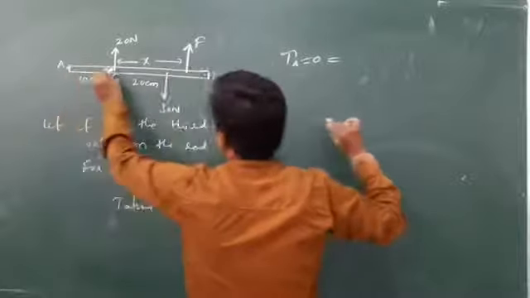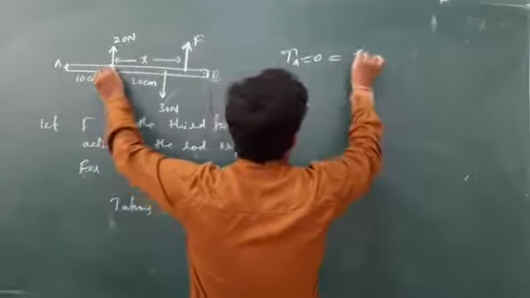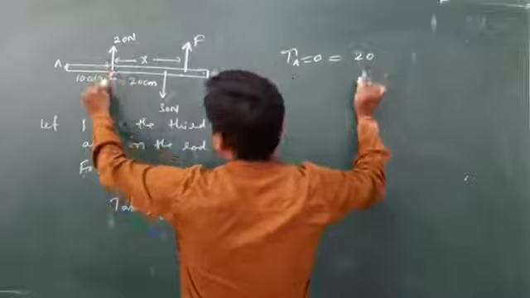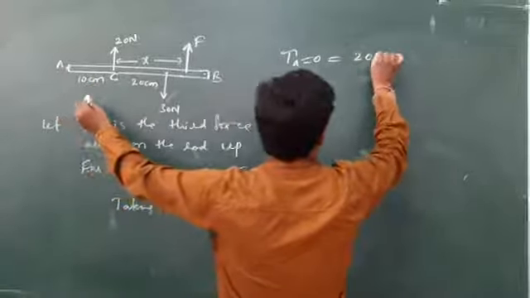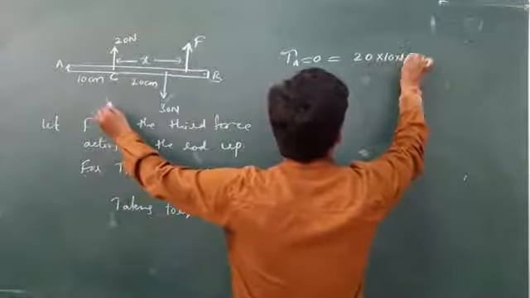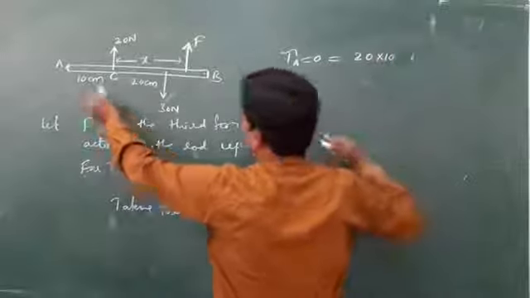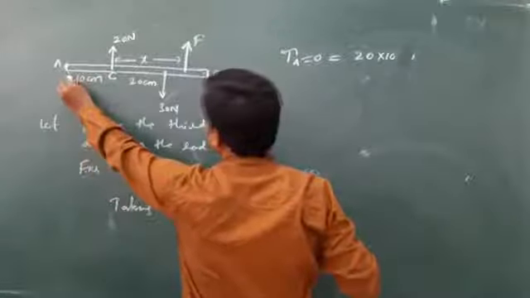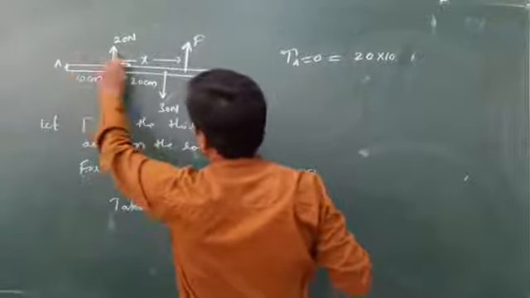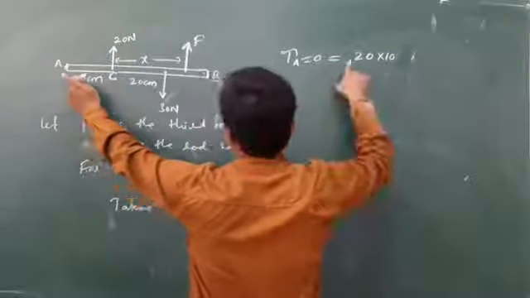So 20 Newton into 10 centimeter, and see, this is arrow tip left means positive.